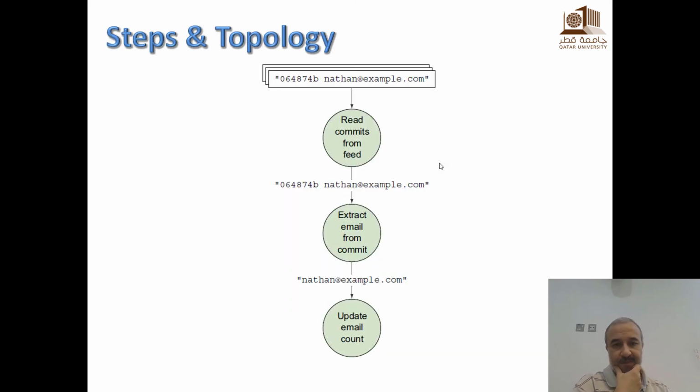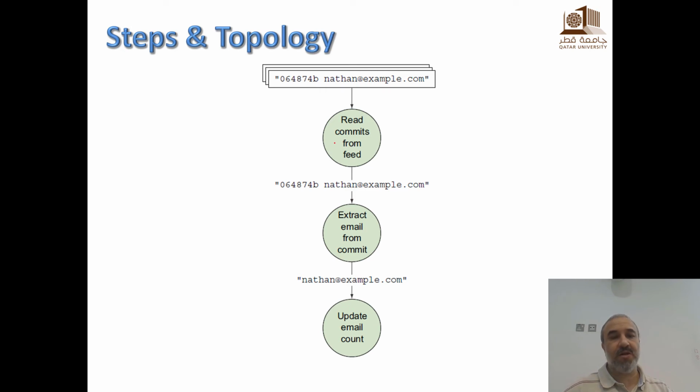The topology is, I think, straightforward. We start with the stream of commits. The stream of commits here is defined as follows. Each tuple has a commit ID and the ID of the user. Now from that, we don't care about the commit ID, right?